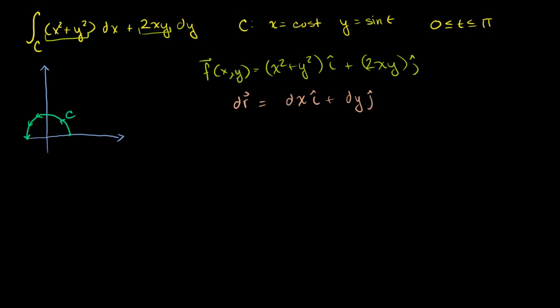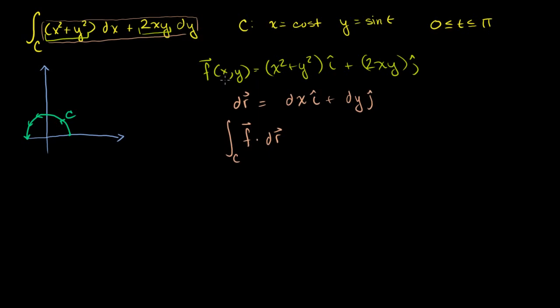You'll immediately see that if you take F dot dr, you'll get what we have inside of the integral. You take the product of the i terms, and add it to the product of the j terms, 2xy times dy. So our integral we can rewrite as the integral along this curve of F dot dr.